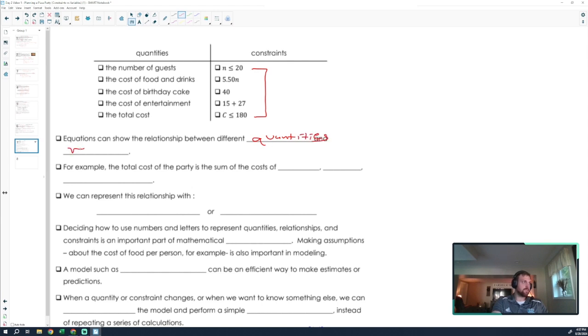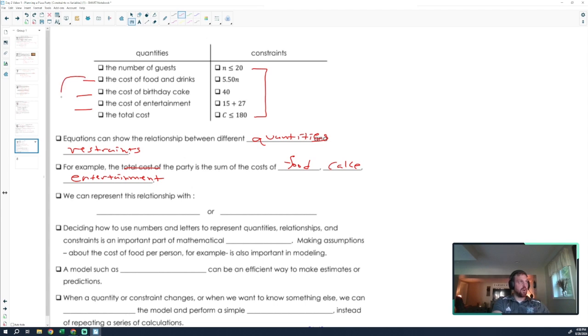For example, the total cost of the party is the sum of the cost of the food, the cost of the cake, and the cost of the entertainment.